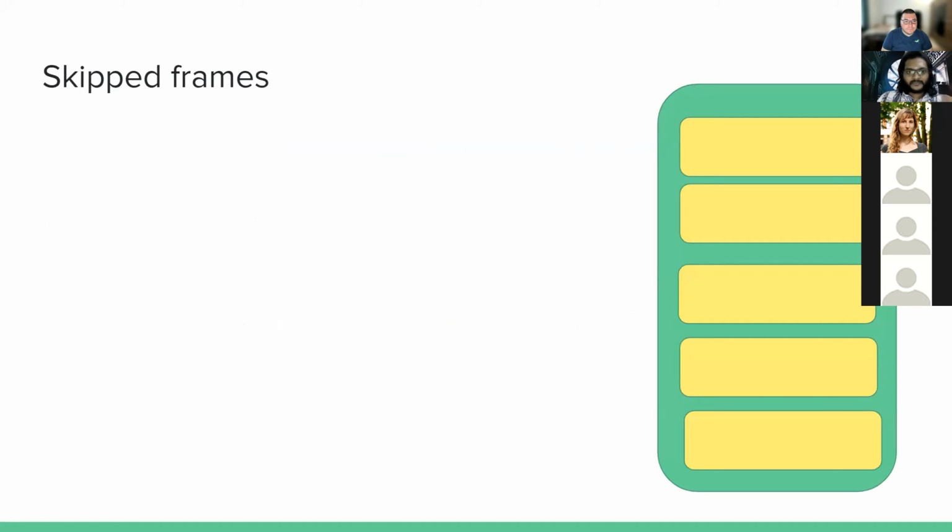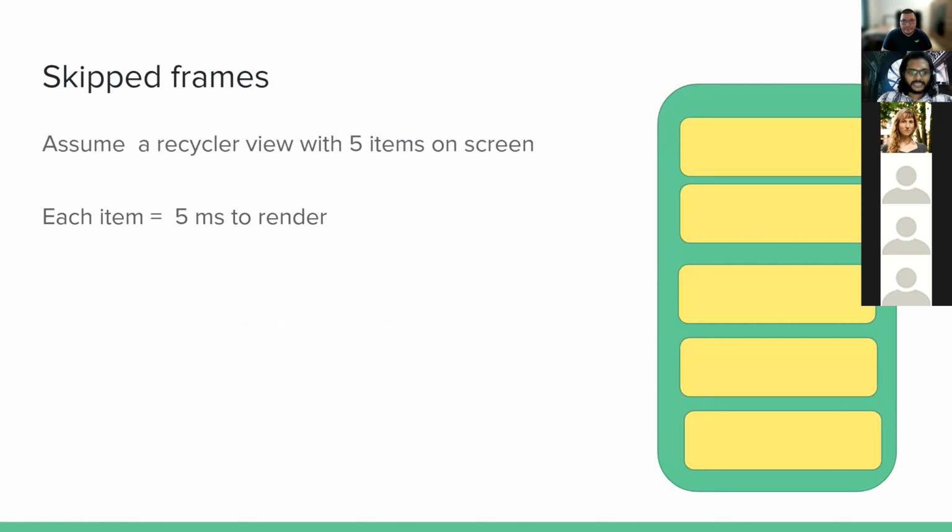And the key word over here is skipped frames. Now let's assume a recycler view with just 5 elements on the screen. And let's assume that each item, the yellow item that you see, takes 5 milliseconds to render. Now in total, we have 5 elements, which makes 25 milliseconds.